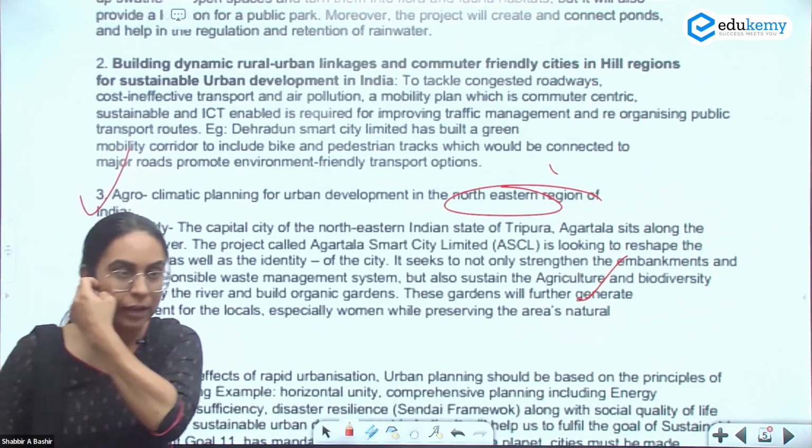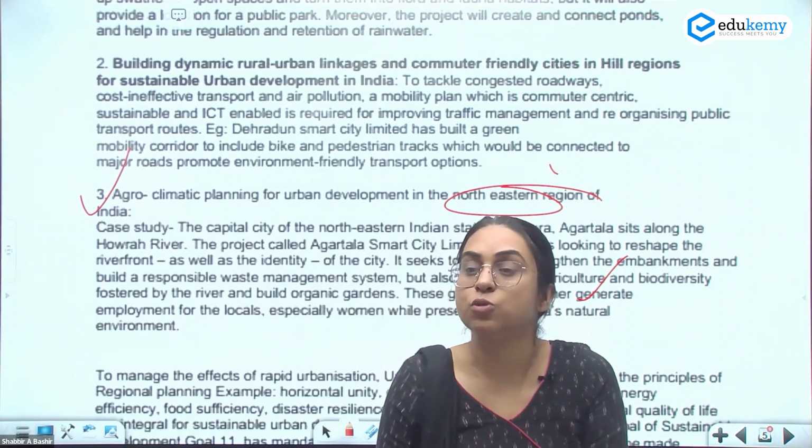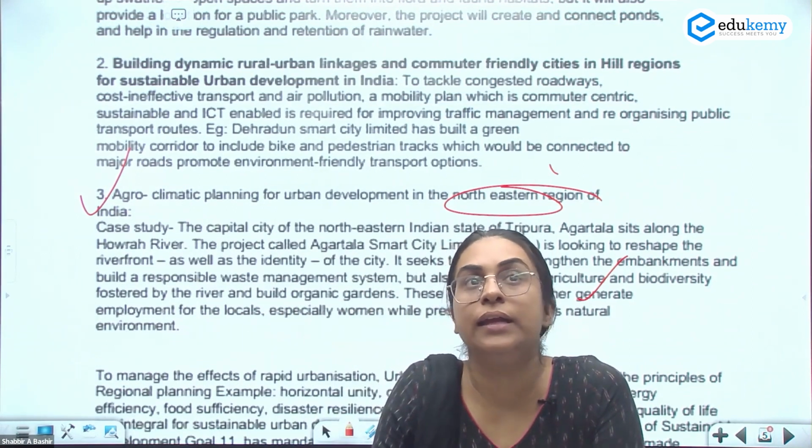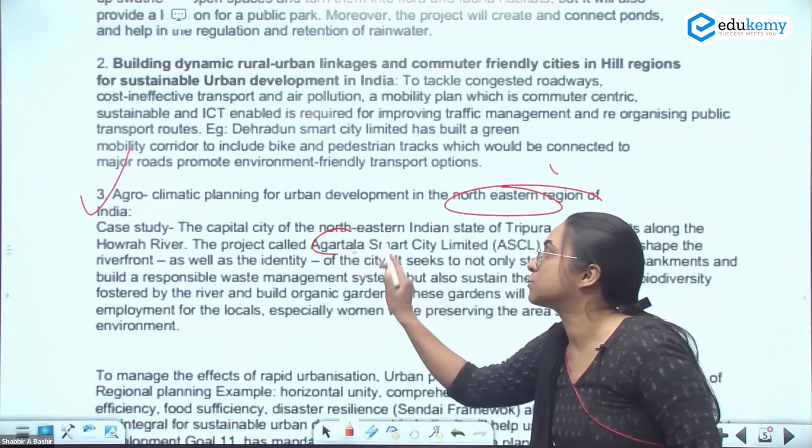Those who know agroclimatic planning, basically grow crops which are suitable to that climate. So agroclimatic planning is happening in Agartala Smart City Limited.